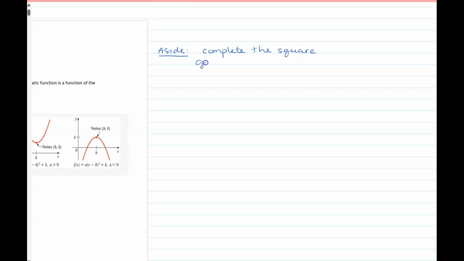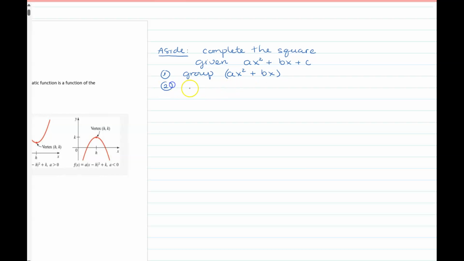So given an expression ax squared plus bx plus c, the first step is to group ax squared plus bx.